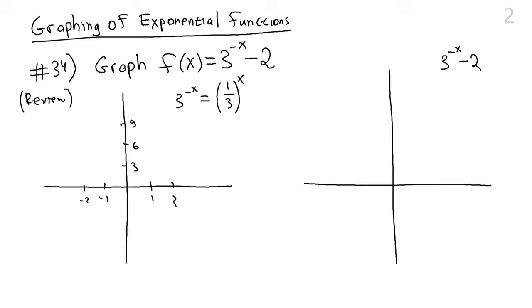So if I'm just graphing 3 to the negative x, I'm going to have the following 2 points on it: the point -1, 3 and -2, 9. And once I have 2 points, I can effectively graph the exponential function.